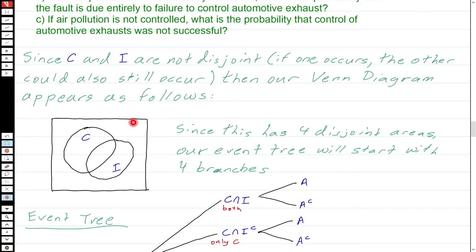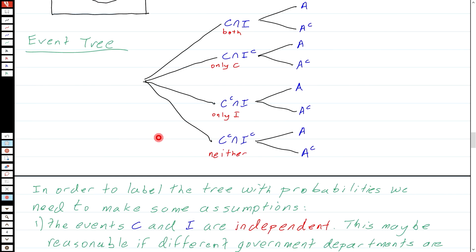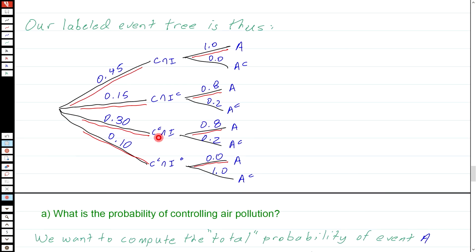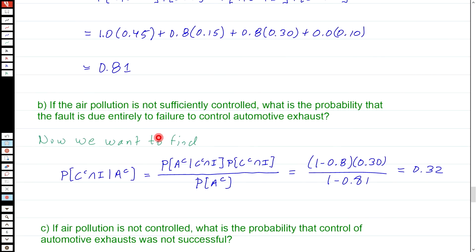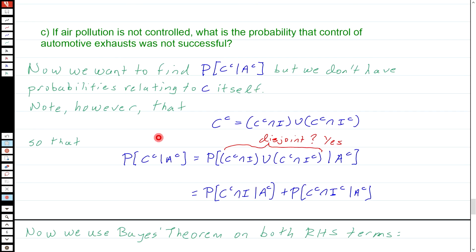So it's everything outside of C. So there's two parts, this part here and this part here. And that's what I'm writing down here. Okay, so C complement is C complement intersection I union with C complement intersection I complement. This is everything outside of C, but inside of I.